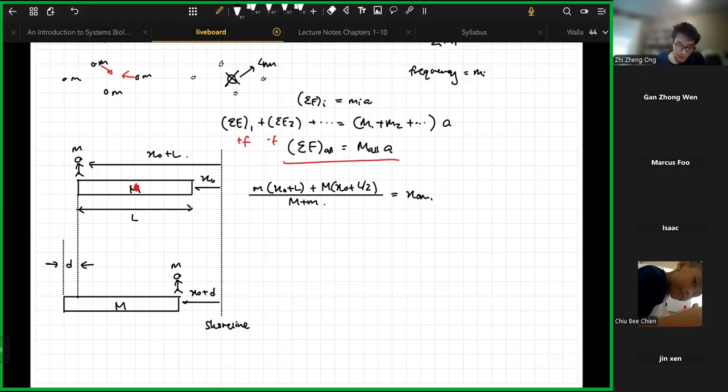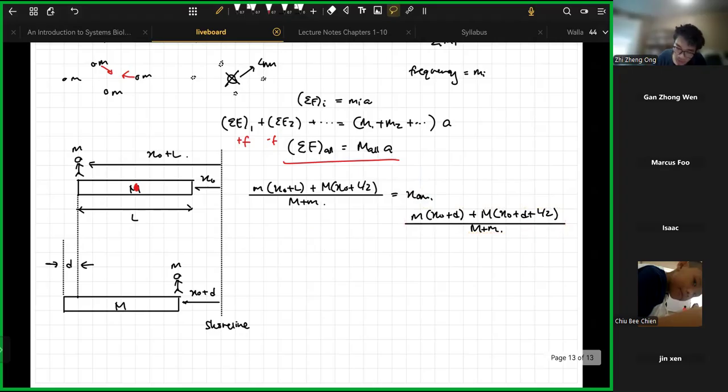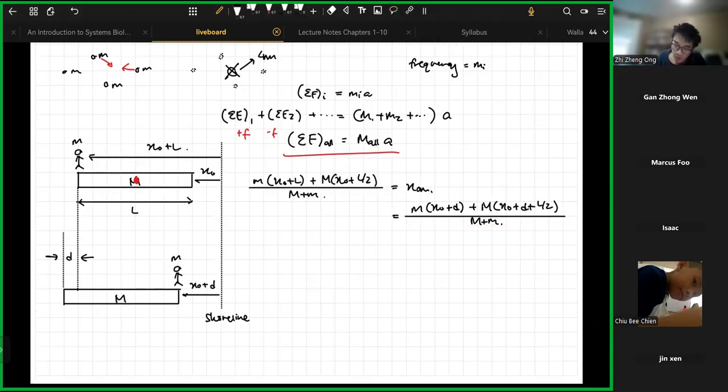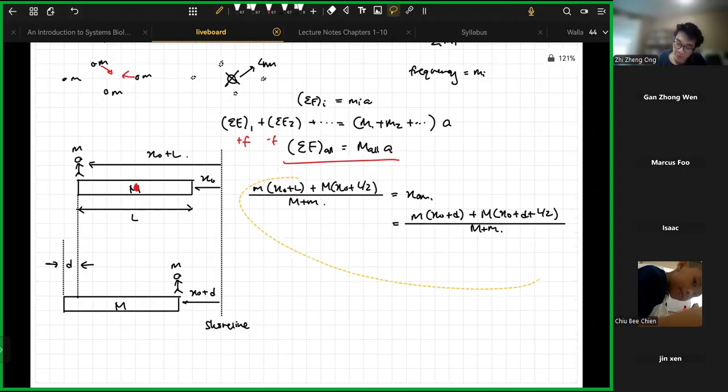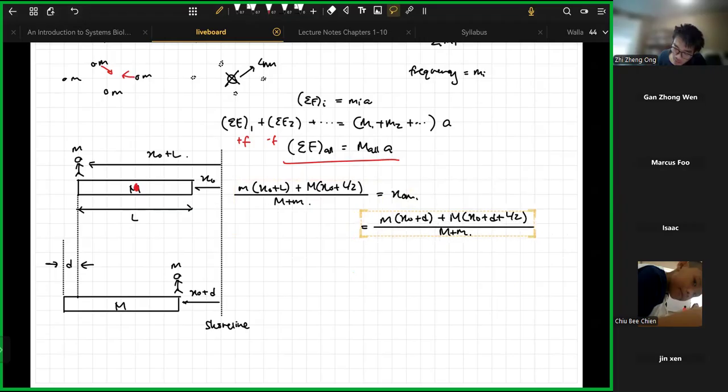After the person moves to the front, this is going to be m times x naught plus d. And this is the new center of mass. Okay, now it's just a problem of algebra. I can't fit it there.